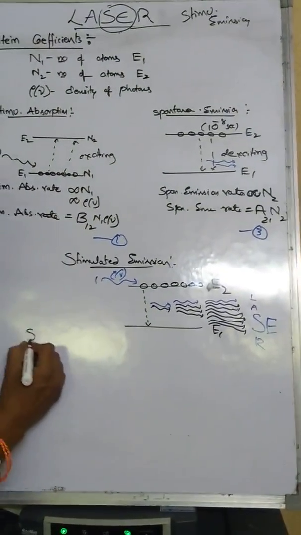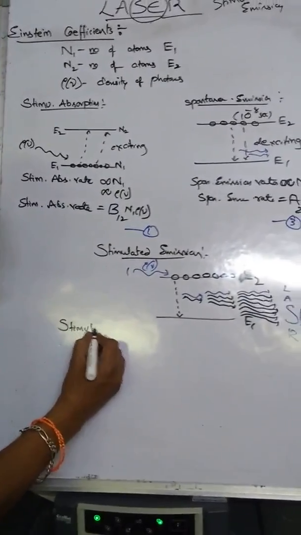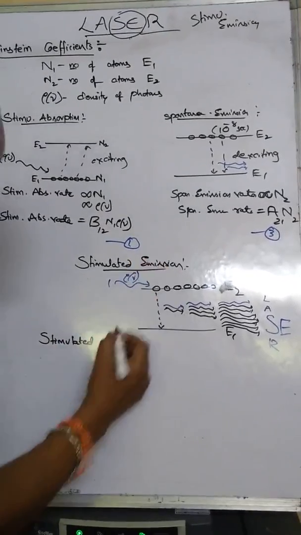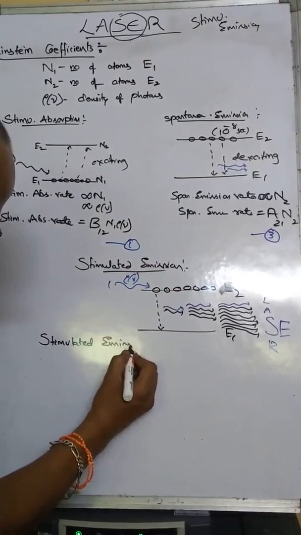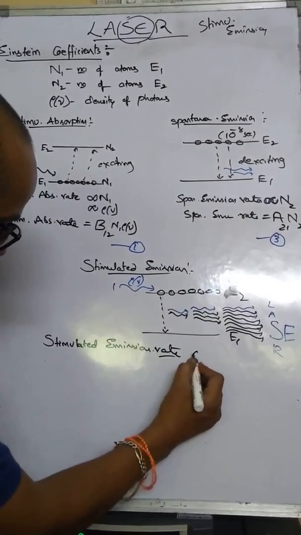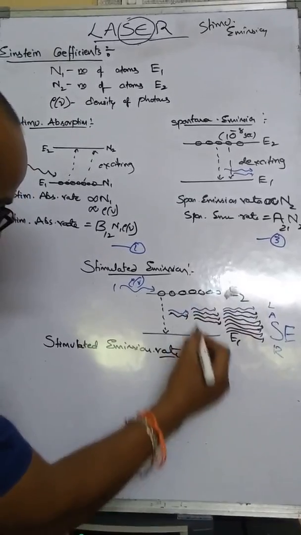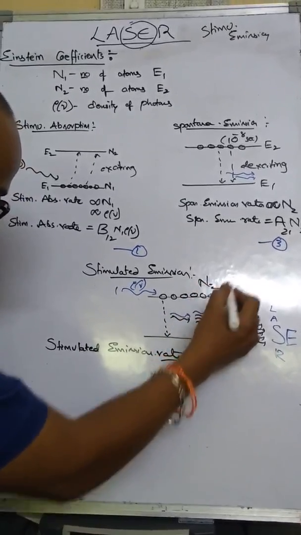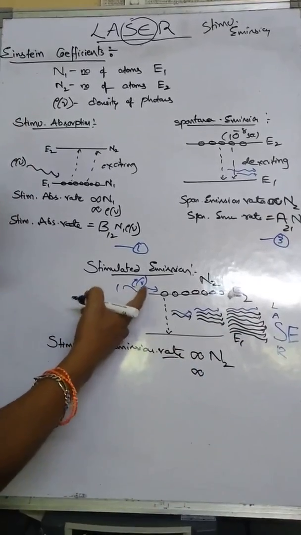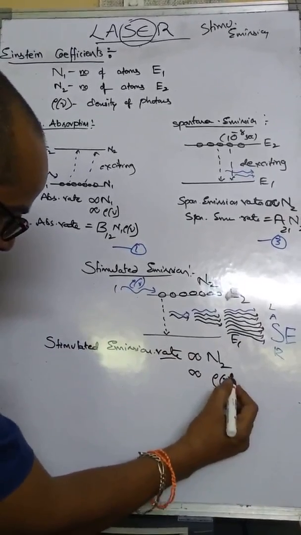So Einstein said that the important parameters for stimulated emission to occur very effectively are these: the rate depends on the number of atoms, which must be very high in the higher energy level, that is N2, and there must also be a large number of photons, therefore rho nu.